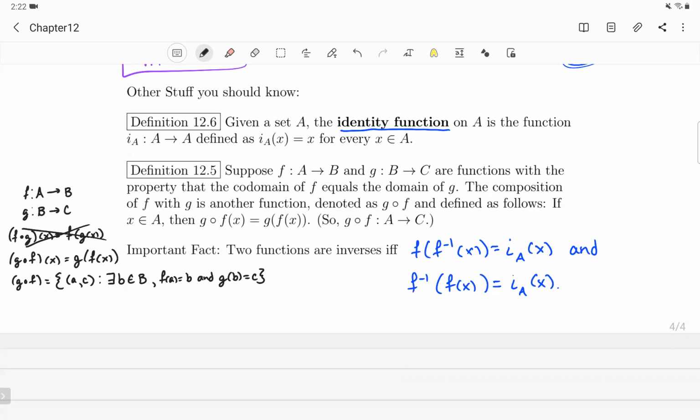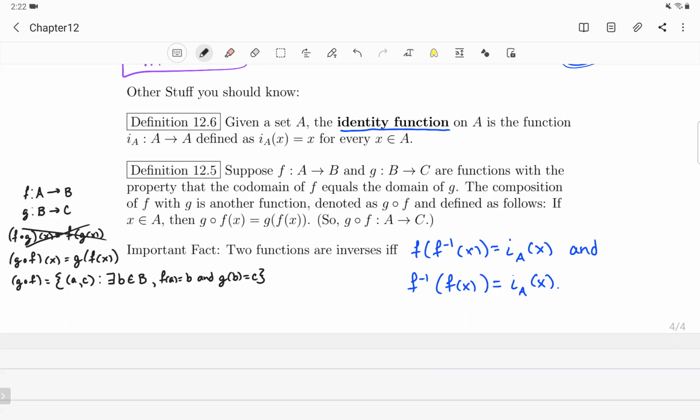Okay, so if you think of it as a set of ordered pairs, you can work with that. But like I said, with this homework, you shouldn't have too much, just because we're running out of time.